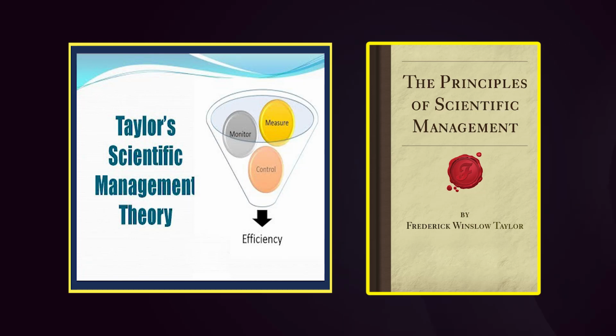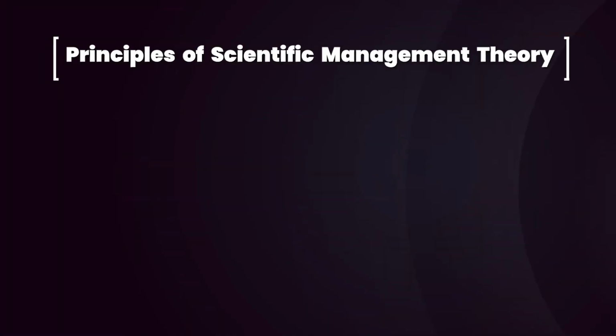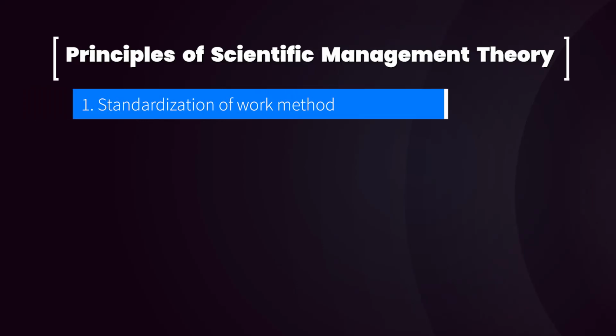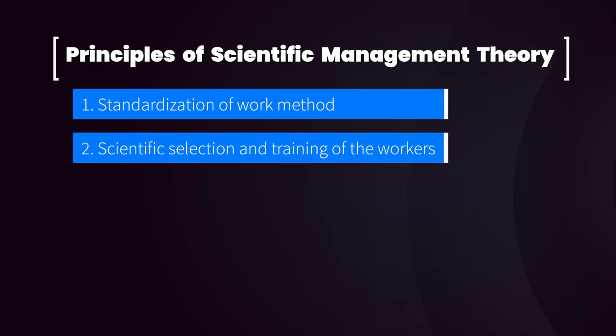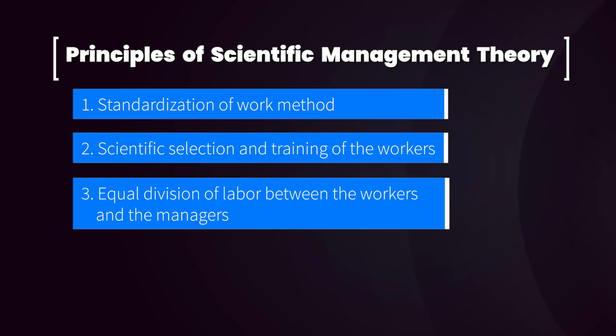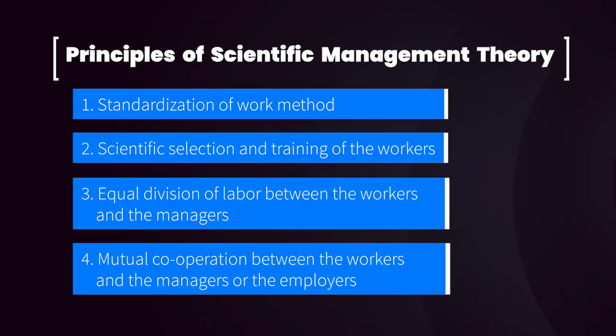According to Taylor, there were four important principles which played an important role in increasing efficiency and productivity, and these four principles are: number 1, standardization of work method; number 2, scientific selection and training of the workers; number 3, equal division of labor between the worker and the managers; number 4, mutual cooperation between the worker and the managers or the employer.